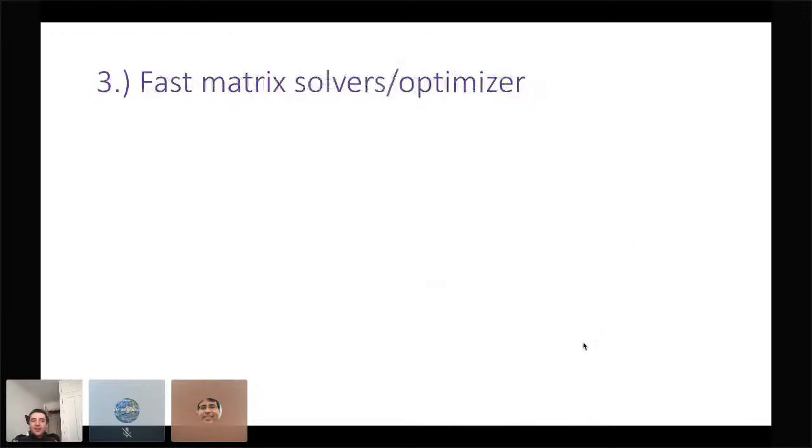Okay then. So let's try to get a bit of this payoff by thinking about faster matrix solvers or optimizers. To understand how to develop such an optimizer, I'm not going to go into the full depth of how we get there. I really just want to give you a flavor. We can again consider that linear kernel, so this one here.